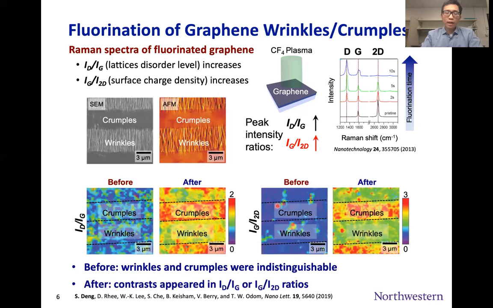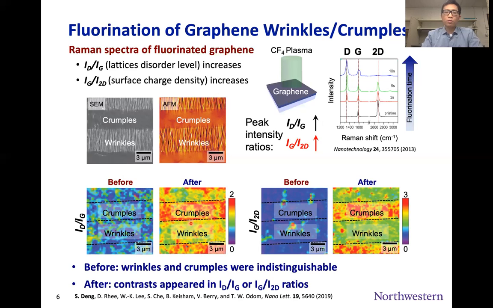But after the graphene surface was treated with the CF4 plasma reaction, we start to see the contrast. The crumpled graphene is a much deeper red than the wrinkle regions, which means the crumple region has a higher fluorination level, which means the crumple was more reactive during the reactions.